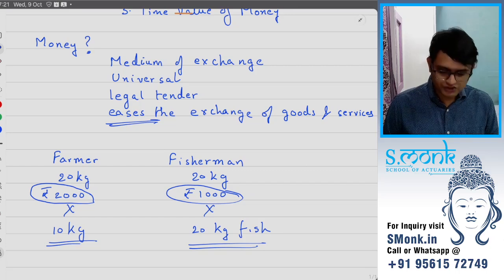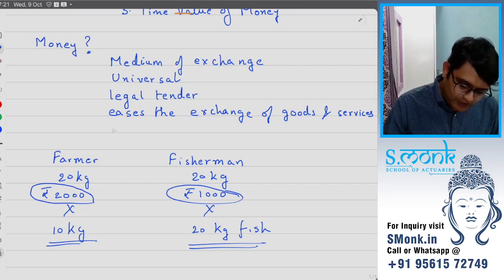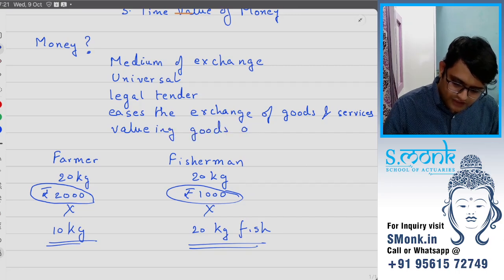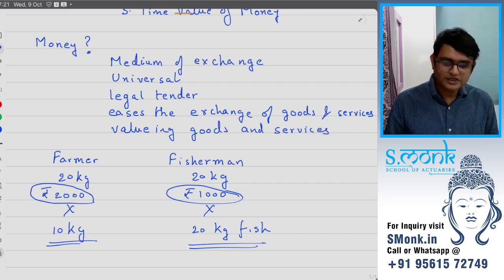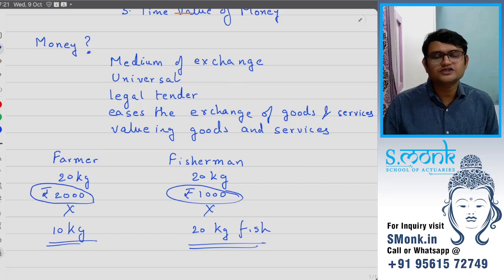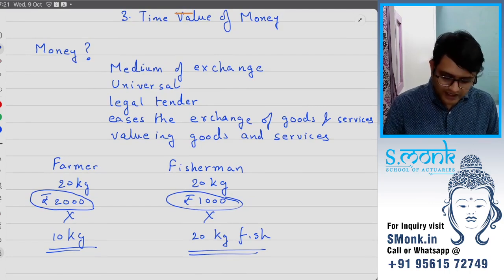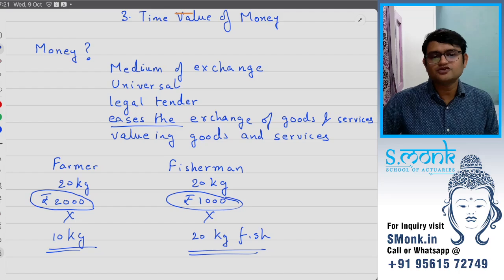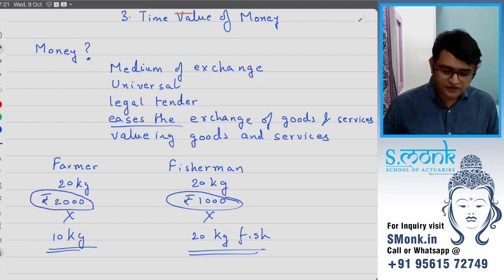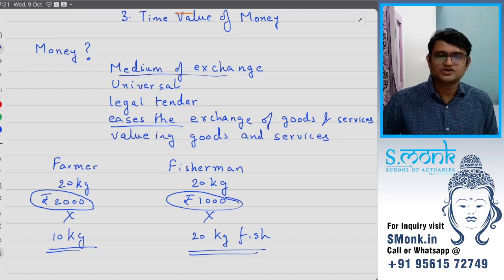So what we are doing is valuing goods and services. This is the main reason money was created, so that we can value goods and services. That definitely eases the exchange of goods and services, and that is why it becomes the medium of exchange.